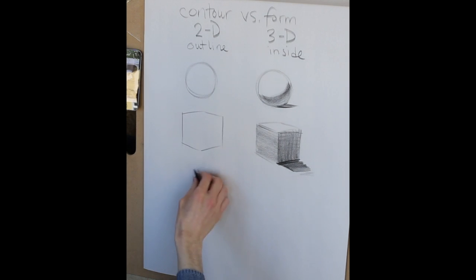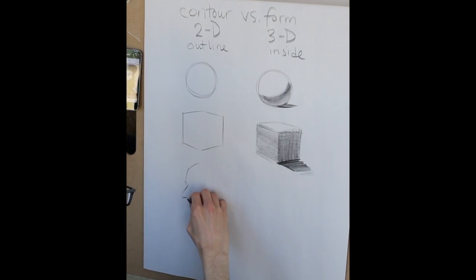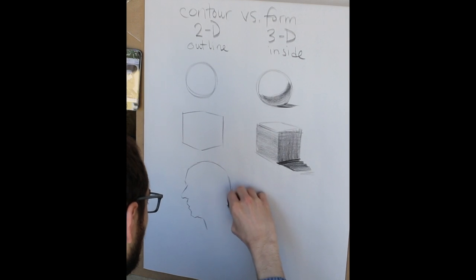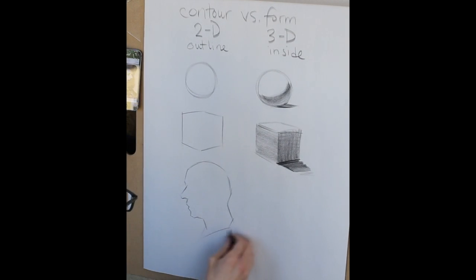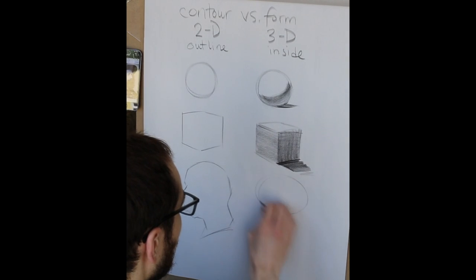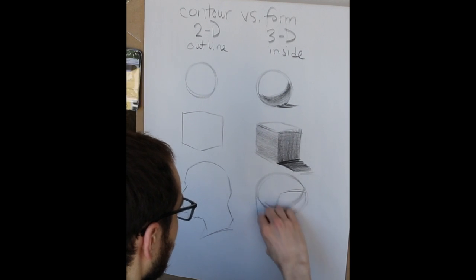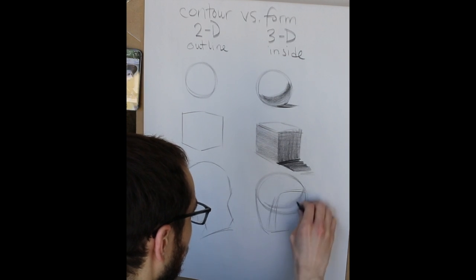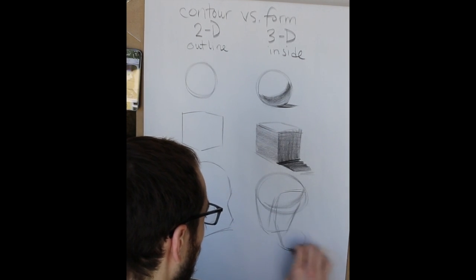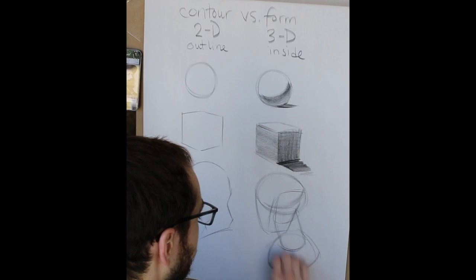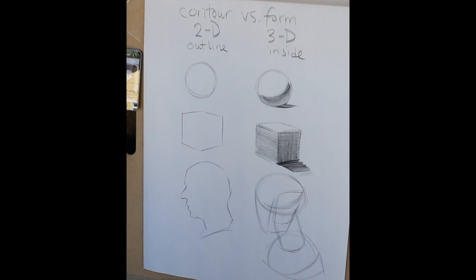And you can also think of this as the difference between the shape of somebody's head and the 3D forms that comprise someone's head.